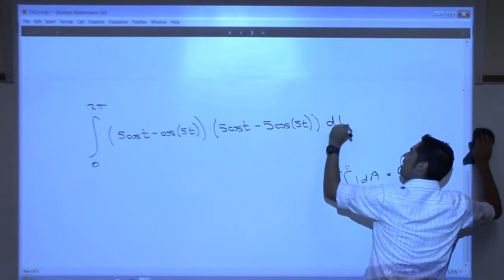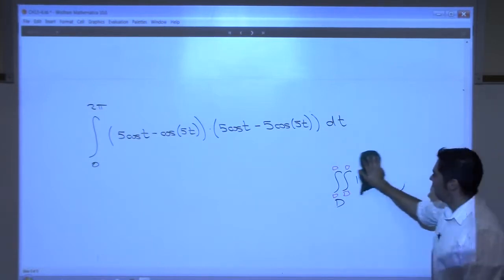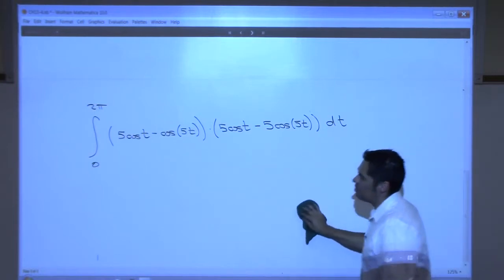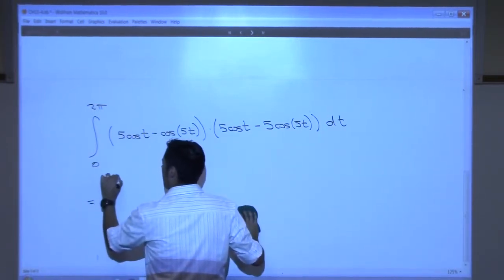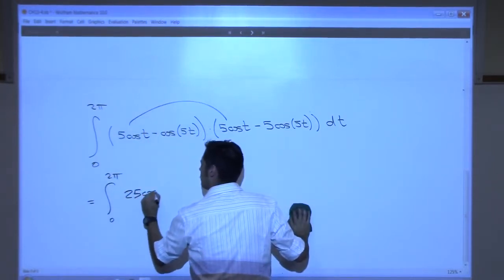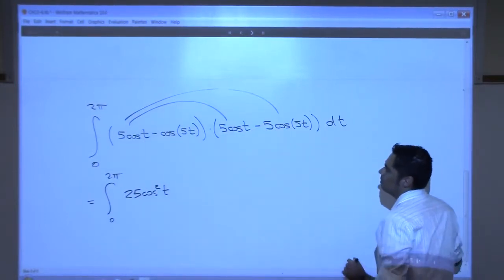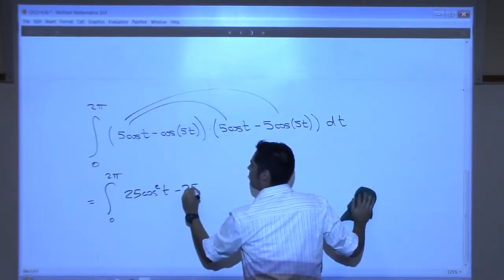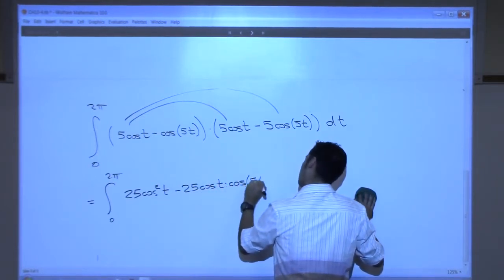And even though this may not look that great, it sure is a lot better than where you were, which was stuck, right? Let's just distribute out and see if this is worth going after. 0 to 2 pi, let's see, 25 cosine squared t minus 25 cosine t cosine 5t.